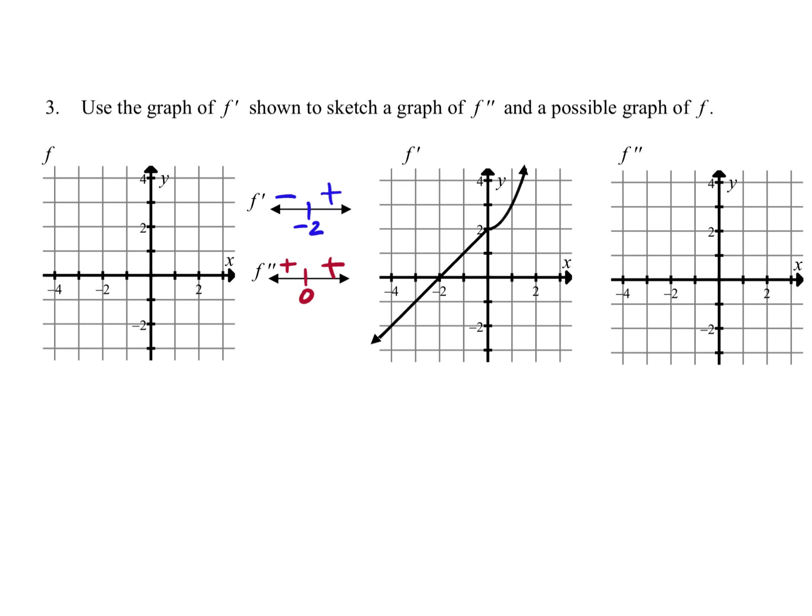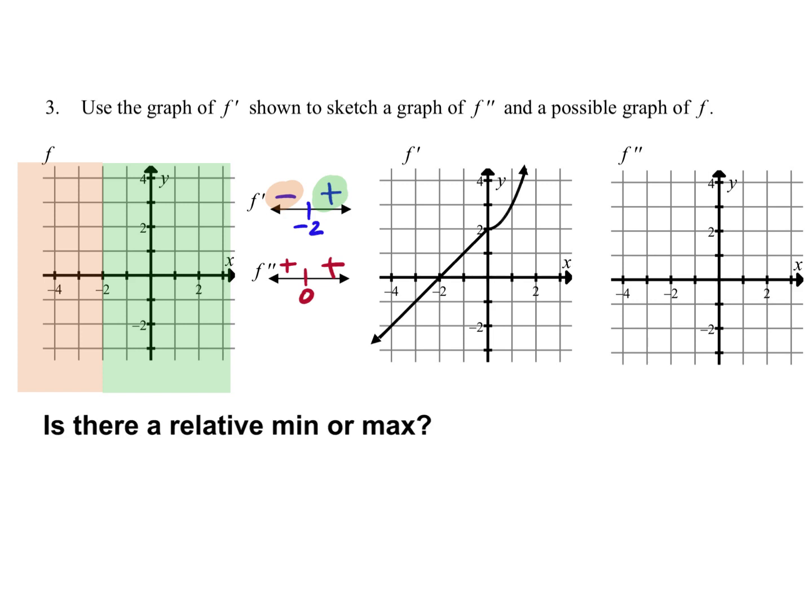All right, so here's what I did for the actual function. I did some shading. You don't have to do this, but this is just another strategy. So in this region over here, I know that the function needs to be increasing. And in this region over here, I know that the function has to be decreasing. That's sort of the key. Now, we've already discussed this.